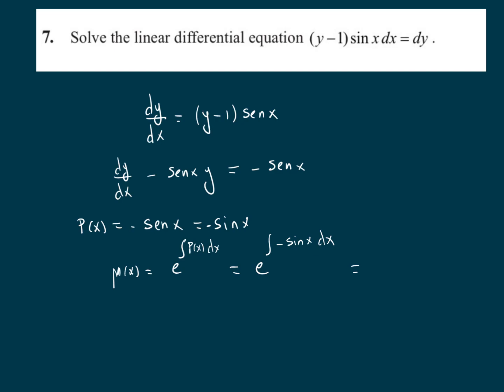Minus cosine of x. Because it has a minus, it will be e raised to cosine of x, because the derivative of cosine of x is minus sine of x. So I found the integrating factor.